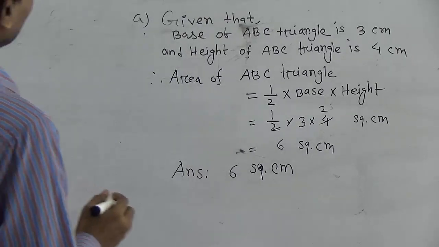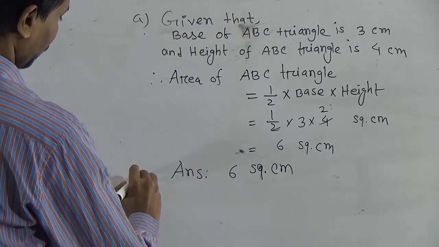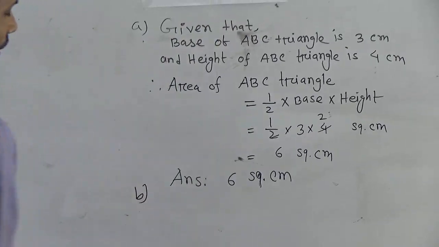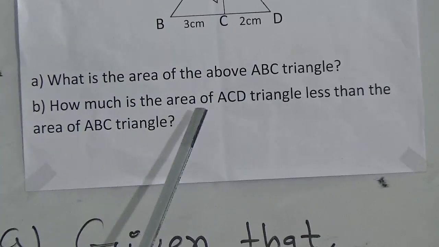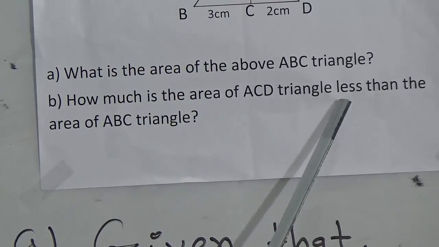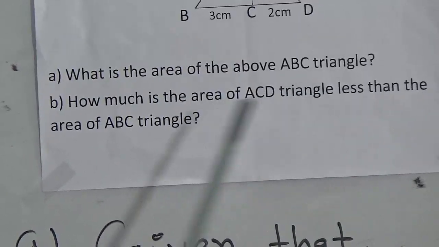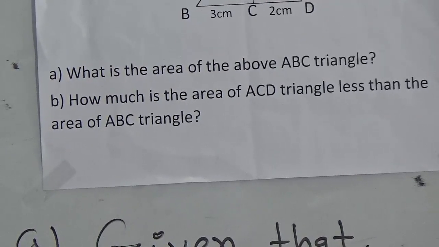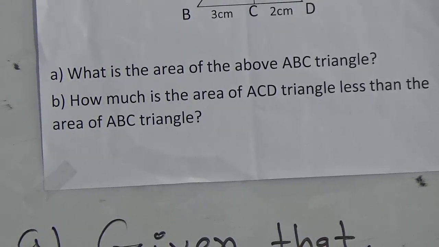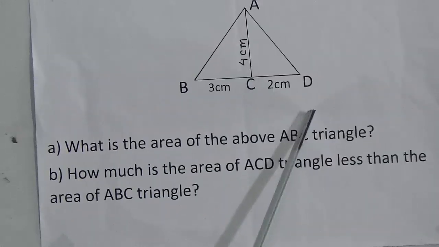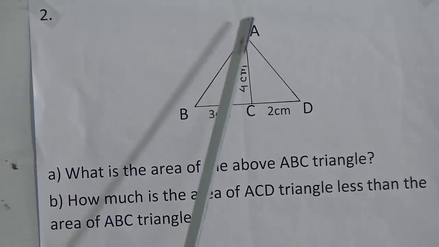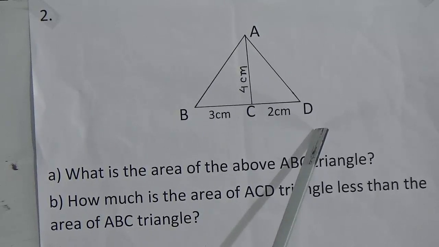Okay. Now B number question. Look. See B number question. How much is the area of ACD triangle less than the area of ABC triangle? Okay, that means we have to measure now. What is the area of ACD at first? Yes, at first you have to determine the area of ACD. Yes, right.